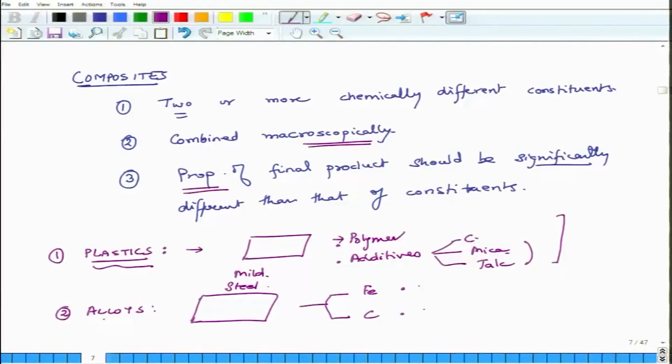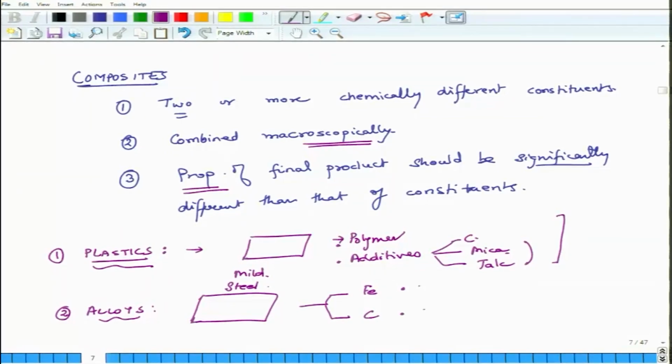So, for that reason we cannot classify these alloys as composites, and for the same reason there are a lot of metals which have impurities that are also not classified as composites.